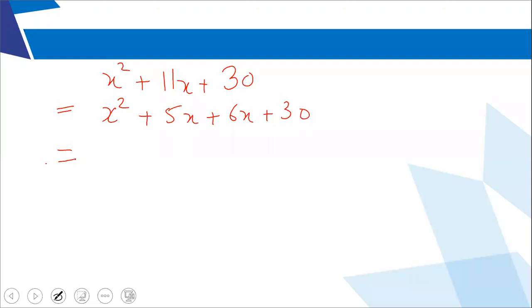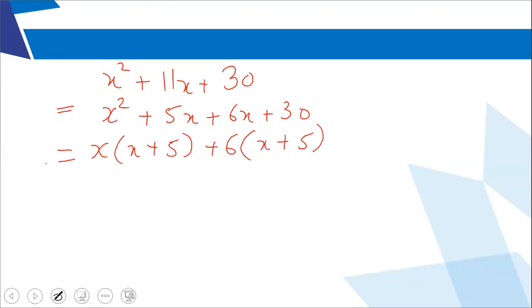I take x common from the first two terms. Yes. So what will be left over, Aditya? x plus 5. Can I take 6 common from the last two terms? Yes, ma'am. So what will be left? x plus 5.